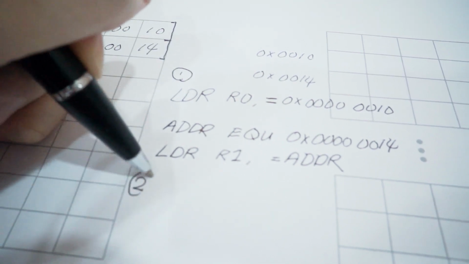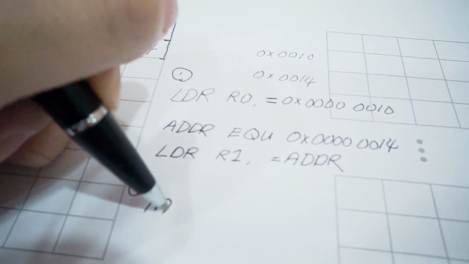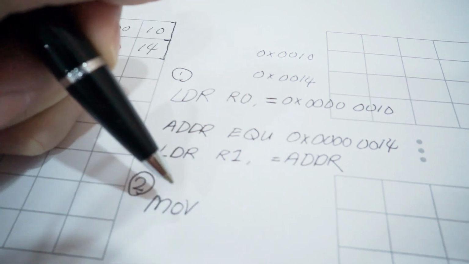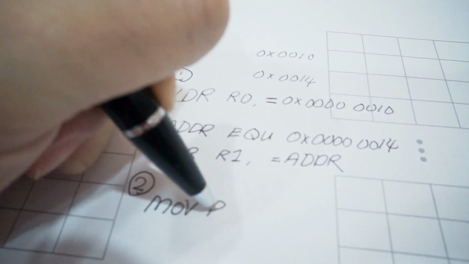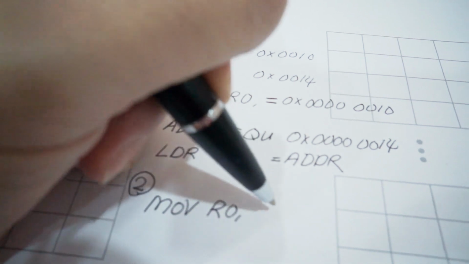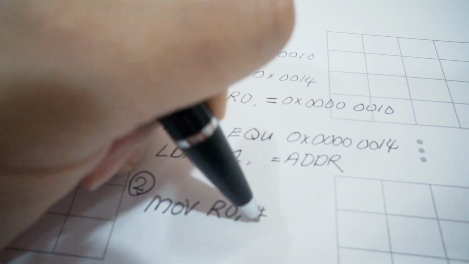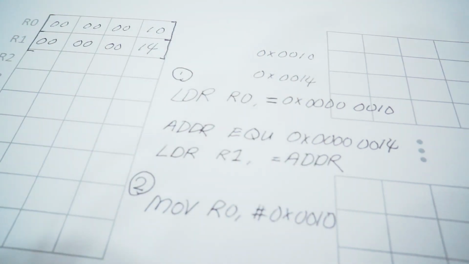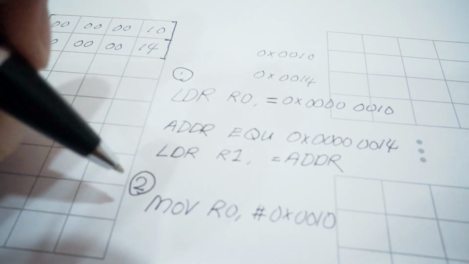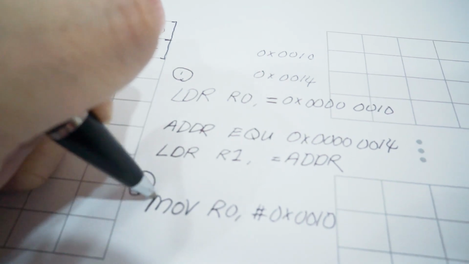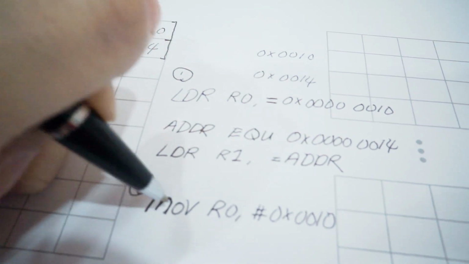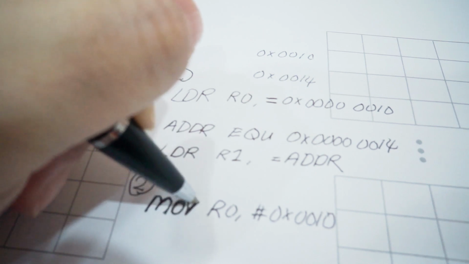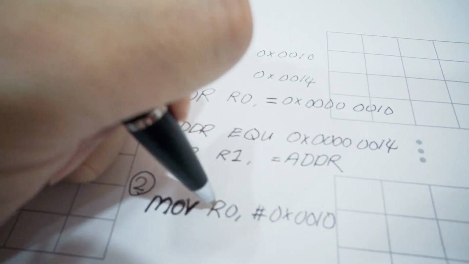The second instruction is the MOV instruction. It can also be used to get a constant value into a register. The opcode is MOV followed by the destination, which is a register.